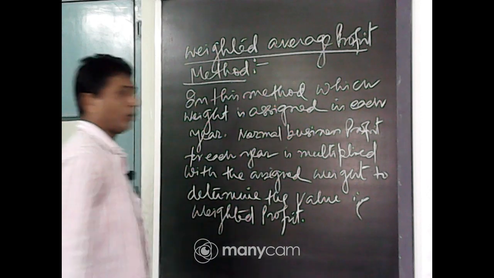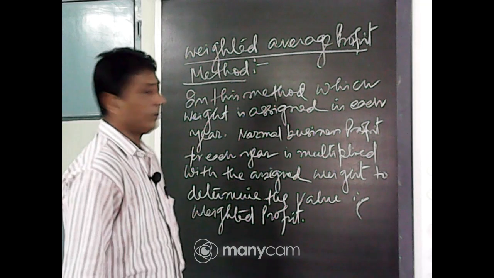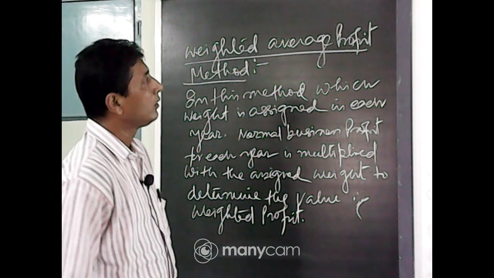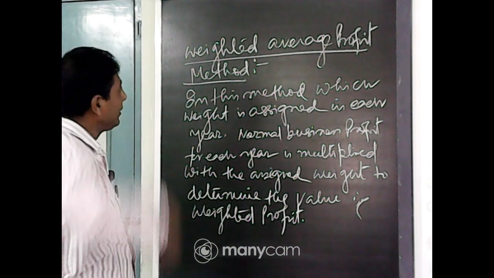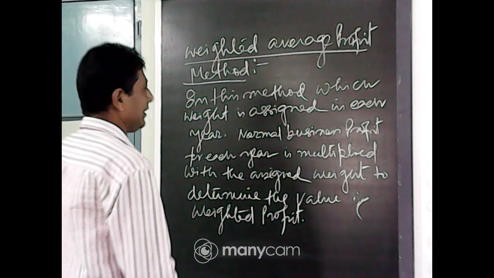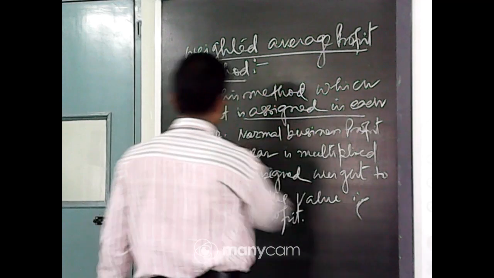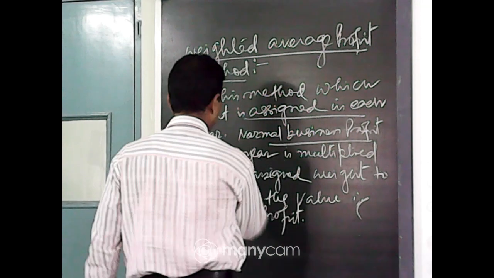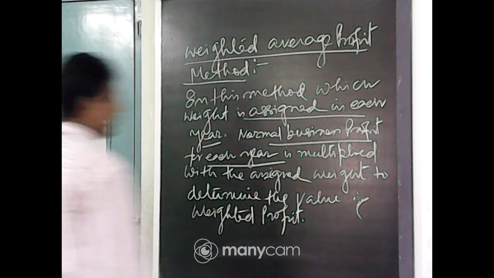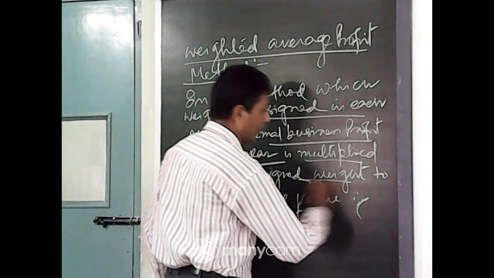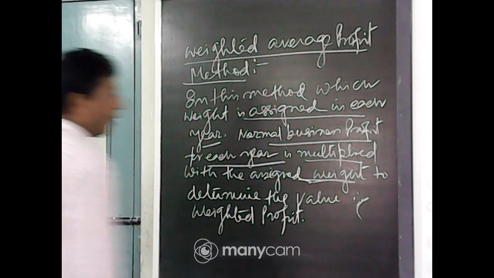So in this method, weight is assigned in each year. Normal business profit calculated each year is multiplied with the assigned weight. It is called weighted average profit.